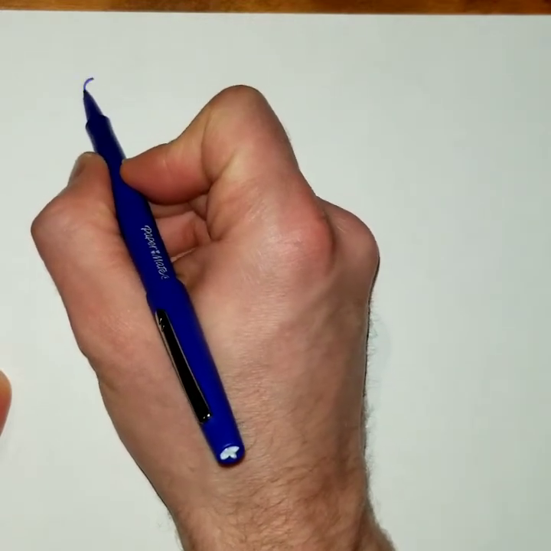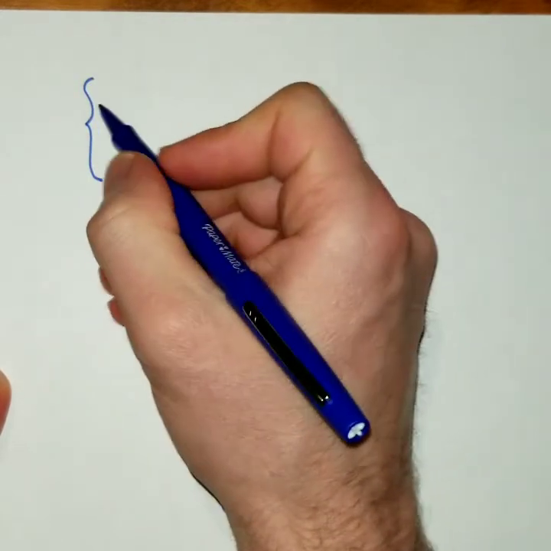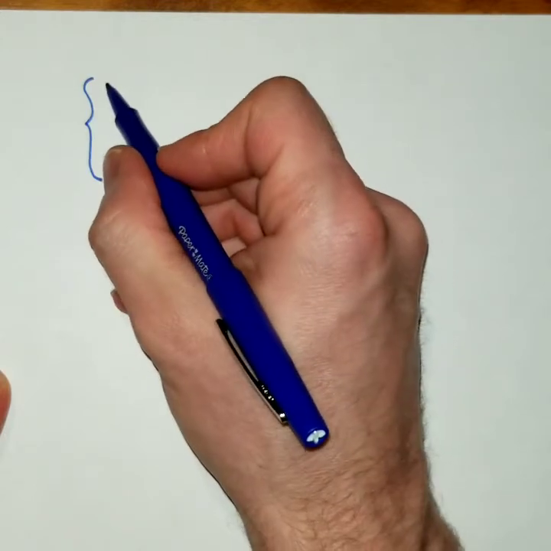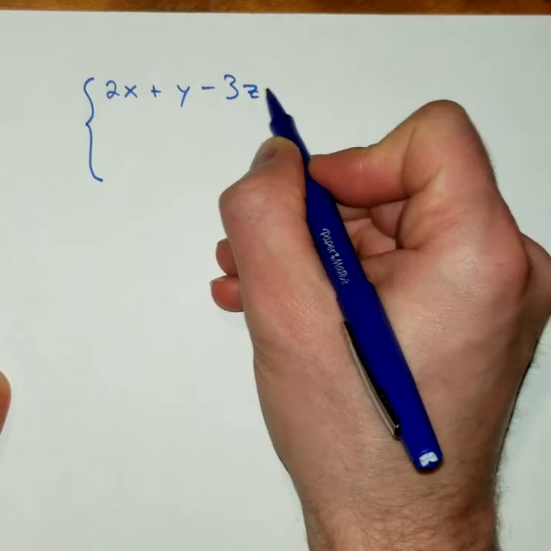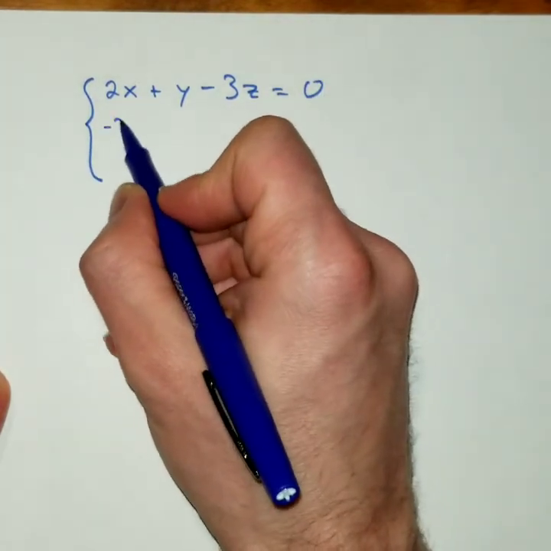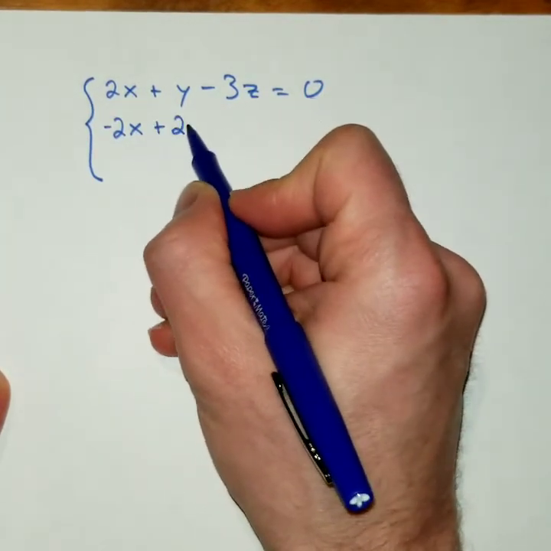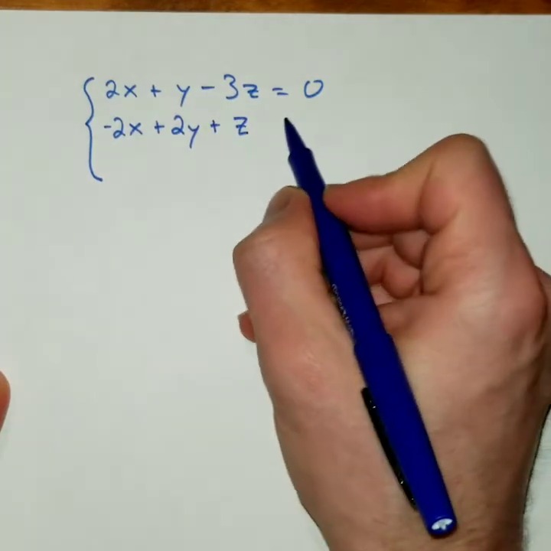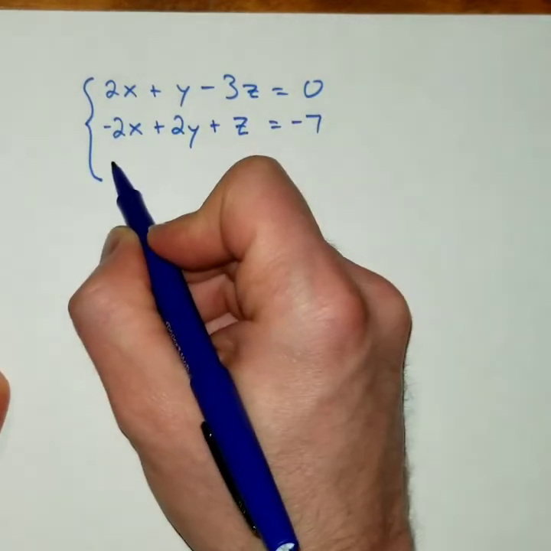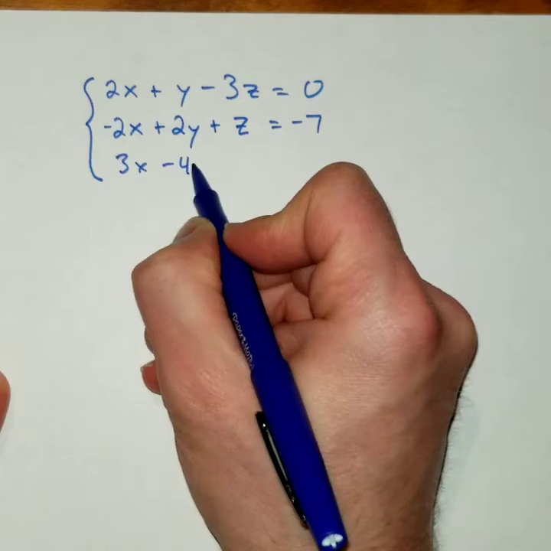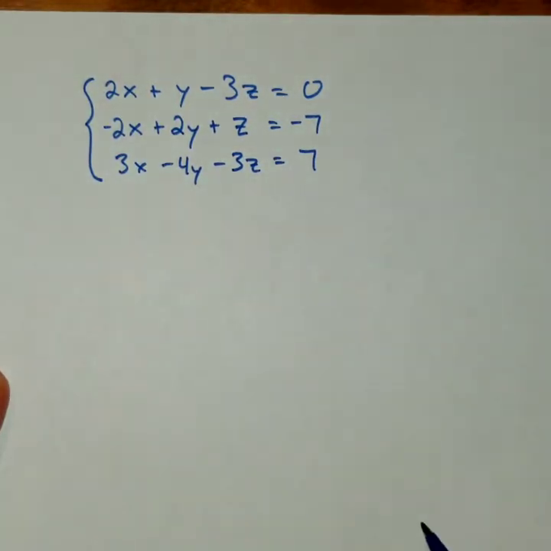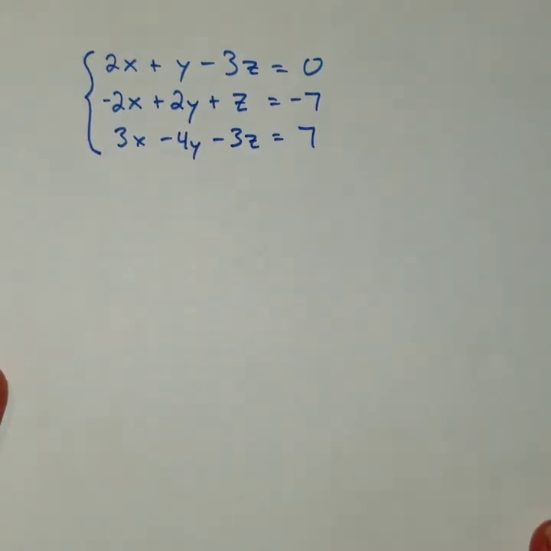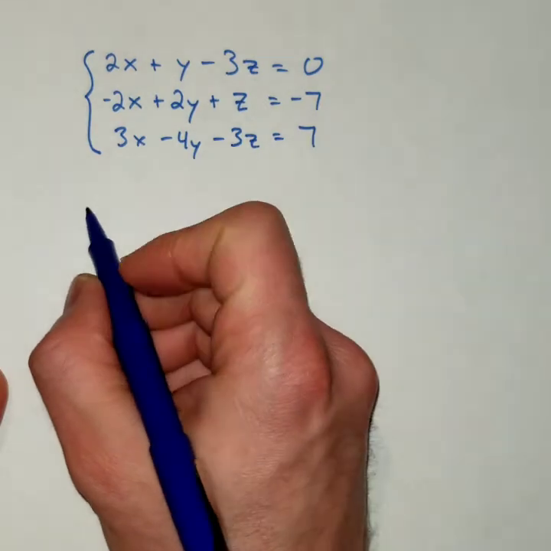Okay, so let's look at this system. It's 2x plus y minus 3z equals 0. Try to write this out quickly. 3x minus 4y minus 3z equals 7. Okay, so we're just going to look at those 4 determinants, and they take a little bit of time to calculate. It's true.